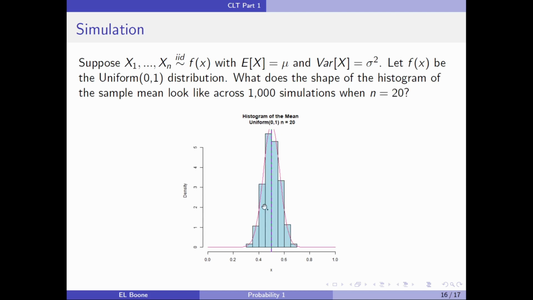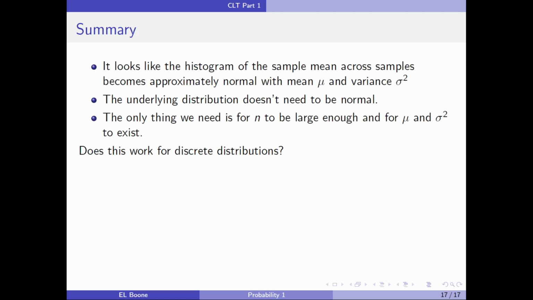Now, notice what's happened here. We've gone from something that went from 0 to 1, and look at the huge gap here. It's really squeezing down around the mean, and that's exactly what that sigma squared over n says it should do. Okay, so quick summary here, because I'm trying to keep this video short, since we're going to do a part 2.